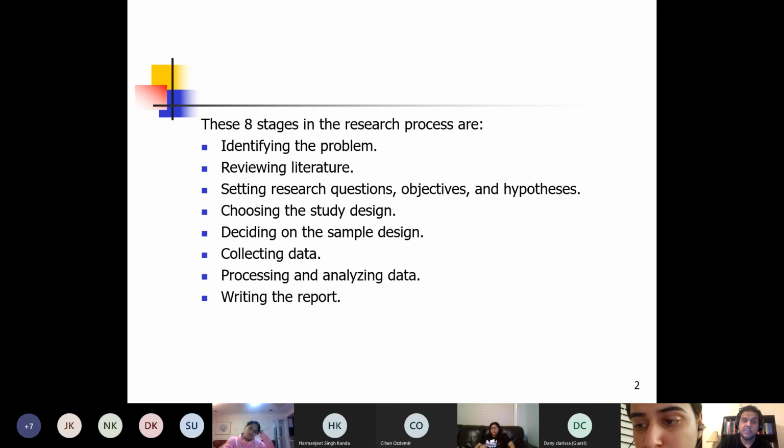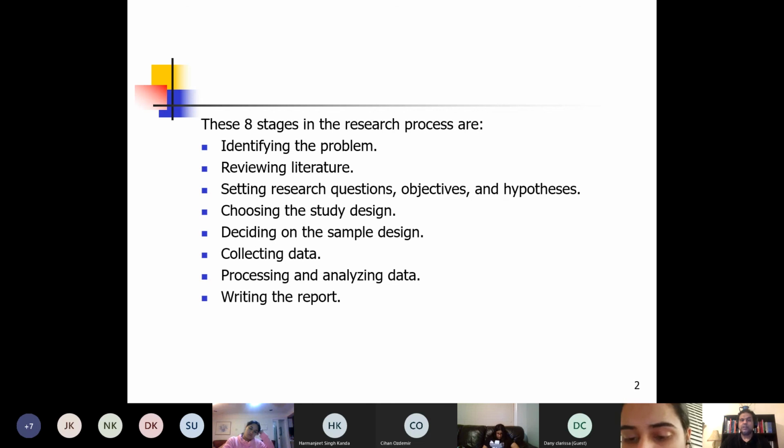So choosing the study design is the skeleton of the research. This is the very central step in doing the research.